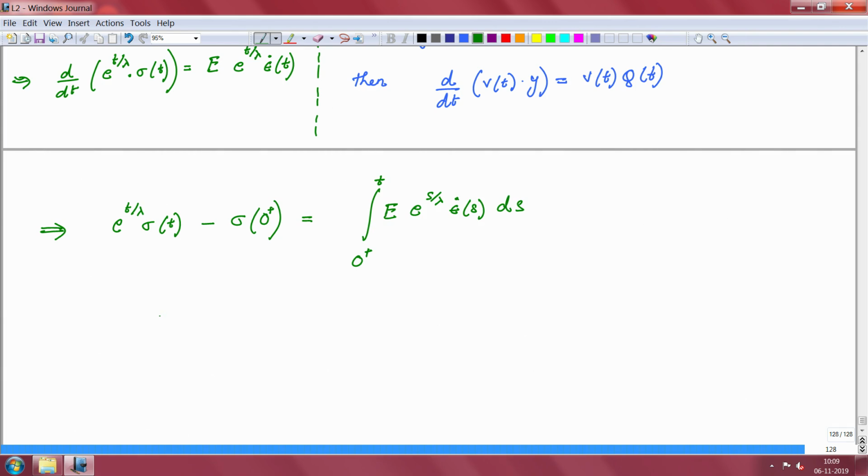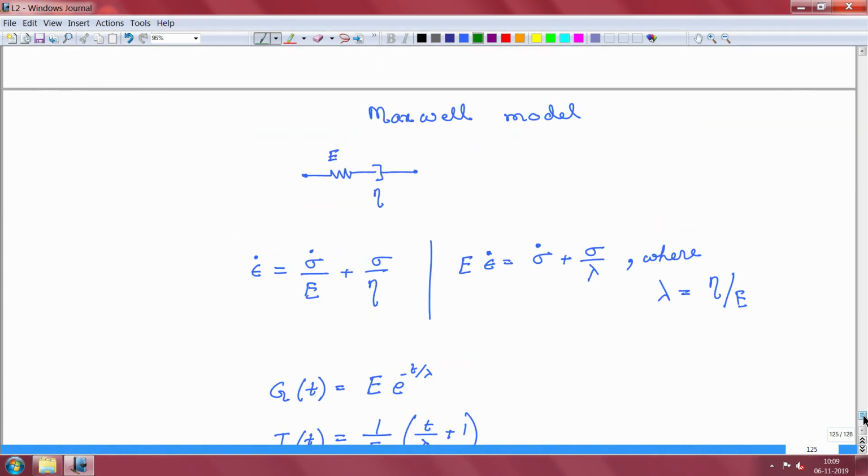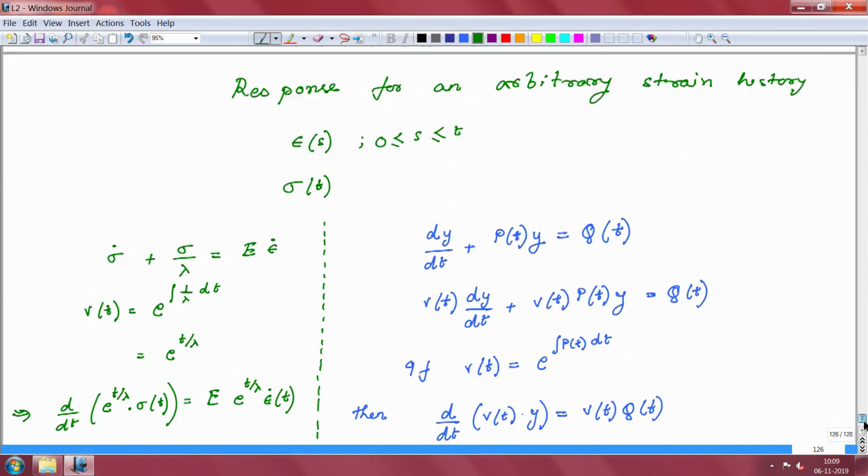And now we know that sigma 0 plus and epsilon 0 plus share a relationship. If we go back to this original equation, the jump between the two variables epsilon and sigma are related to each other.